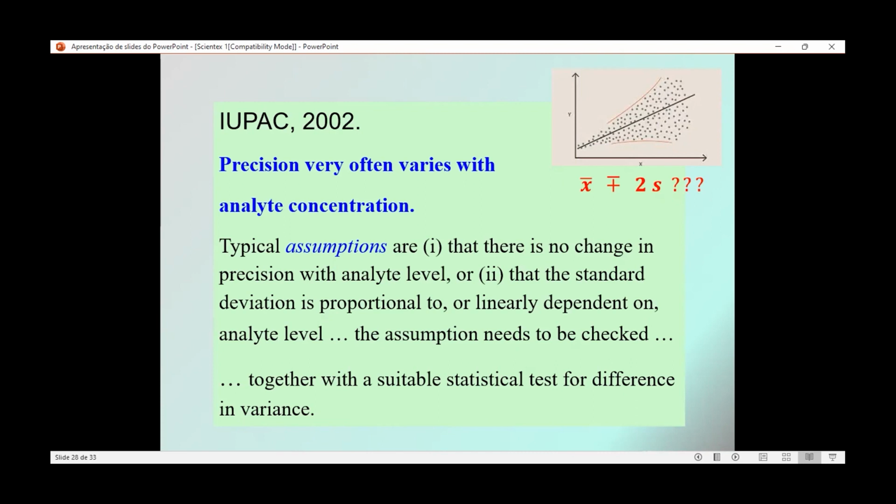Well, we are seeing here that the standard deviation is proportional to the analyte level, even in proficiency tests and for total N, which is one common analyte for food.